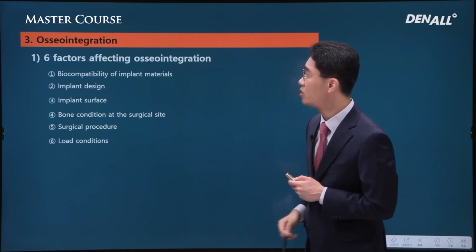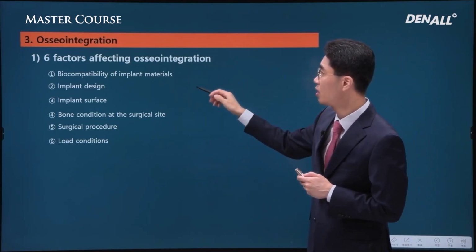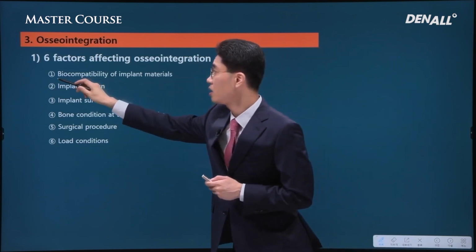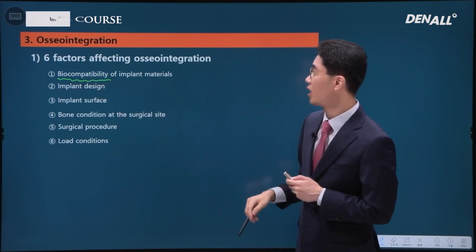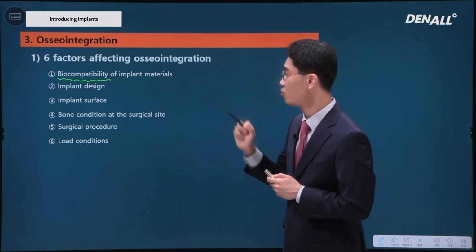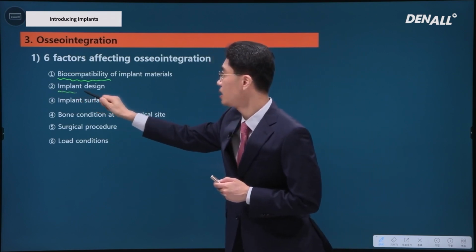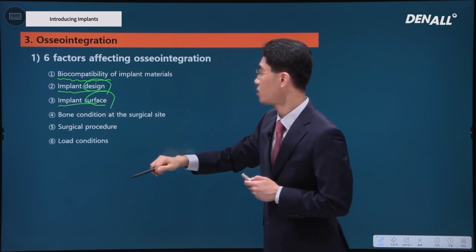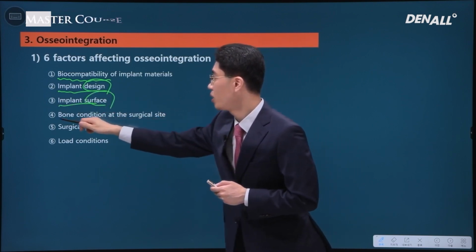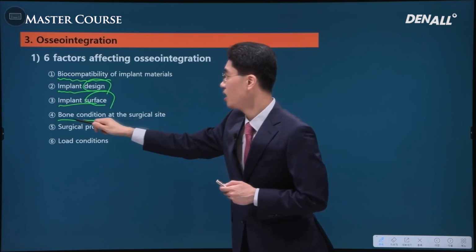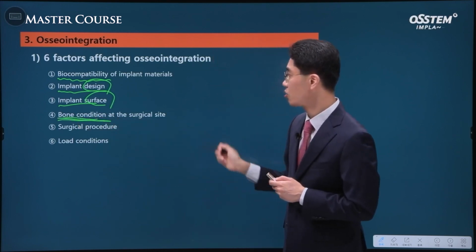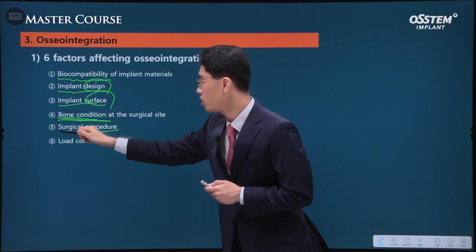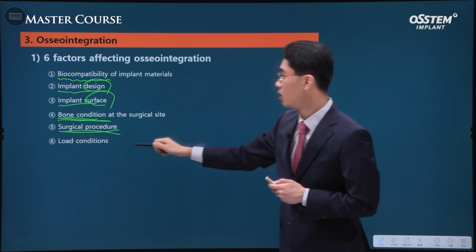If you look at 6 factors that affect the osseointegration, first is biocompatibility. Because titanium screw goes in, biocompatibility is important. Second is implant design. Third, implant surface. Fourth, the bone condition at the surgical site. Fifth, the surgical procedure.